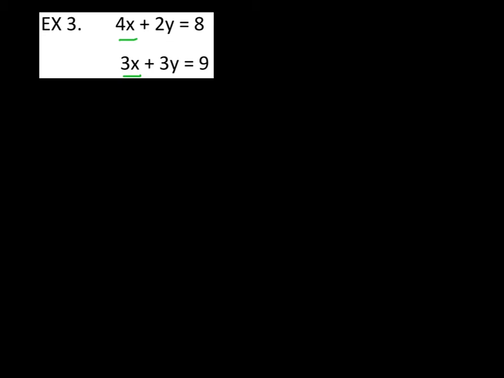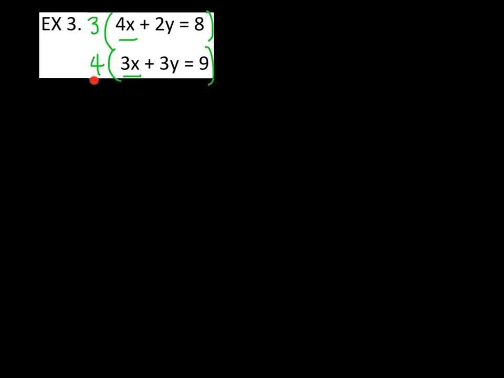So let's think about it. 4 and 3. If I just multiplied the other equation by the opposite number, in other words, if I multiplied the top equation by 3 and the bottom equation by 4, what does that force to happen? Well, now, when I multiply here, 3 times 4x, I'm going to get 12x.